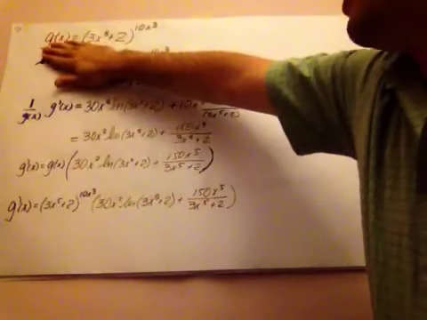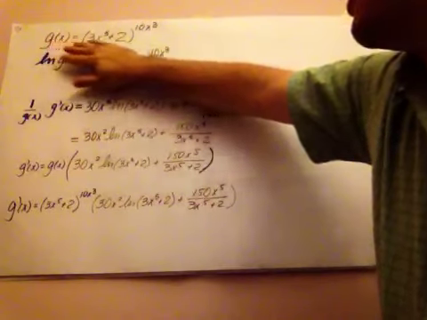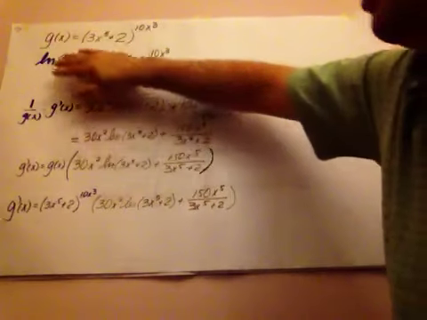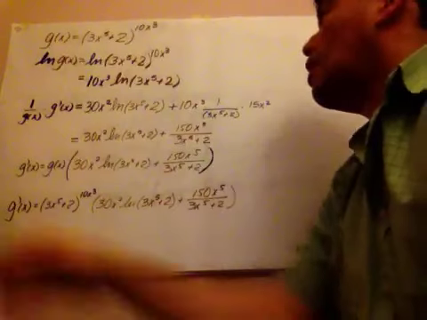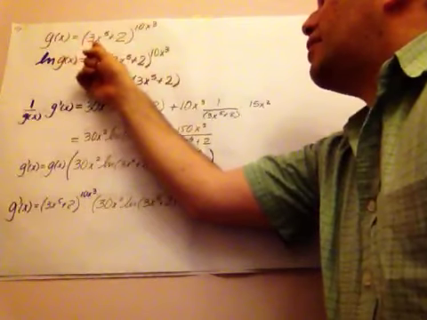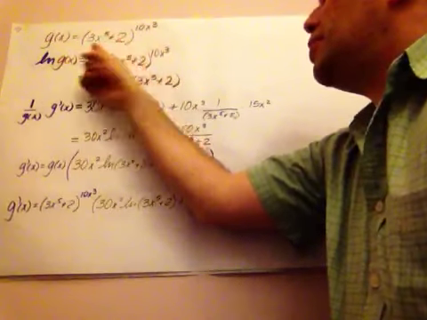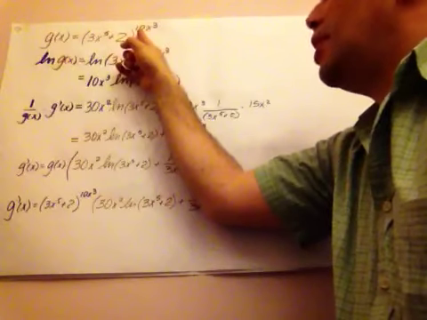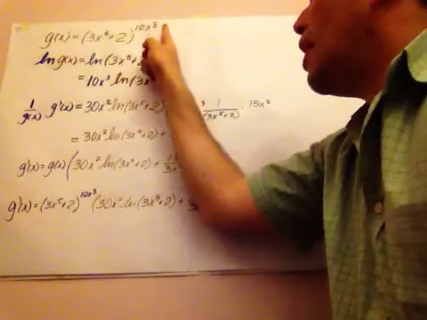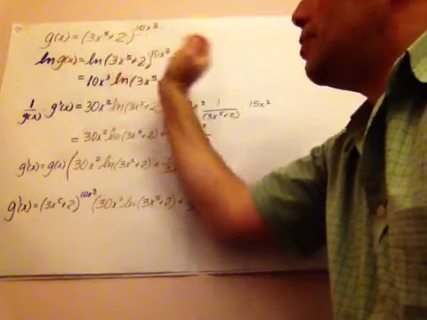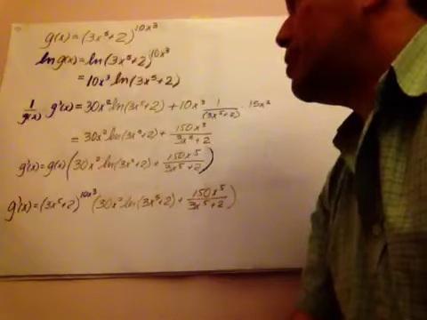We'll have this function, which is by far more complicated than our previous 3 to the power of x. g of x is the quantity 3x to the 5th plus 2, to the power of 10x cubed. It is an exponential function. We have a variable in the exponent.